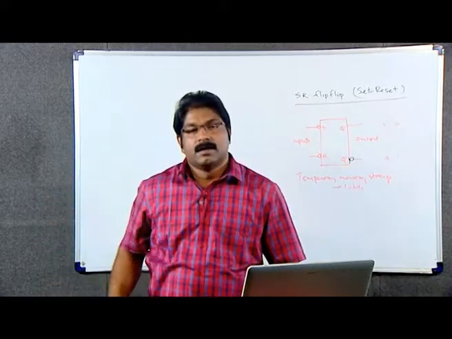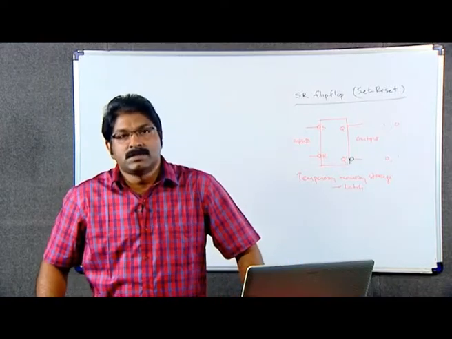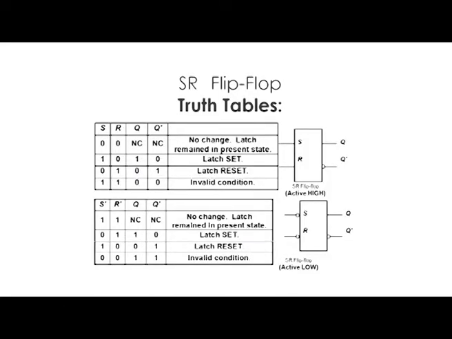You can see the truth table in the figure. The truth table shows 4 columns. The first column is S, the second one is R, the third column is Q and the fourth column is Q complement, and comments are written in the fifth column.